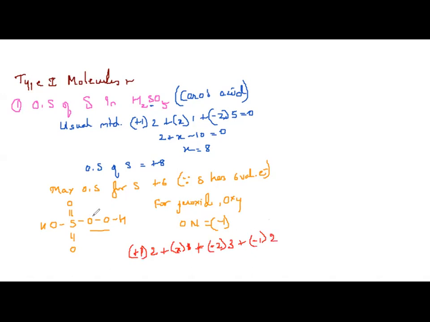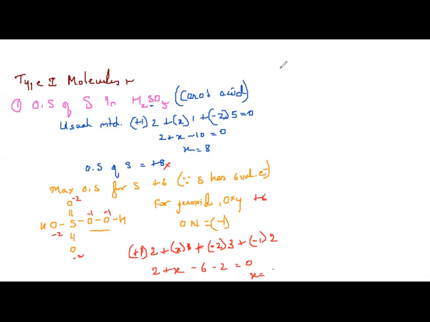Now solve it. So 2 plus X minus 6 minus 2 is equal to 0. -6 minus 2 is -8, and -8 plus 2 means X will be equal to 6. So the oxidation state of sulfur in this is not +8. Instead, it is +6. Understood?